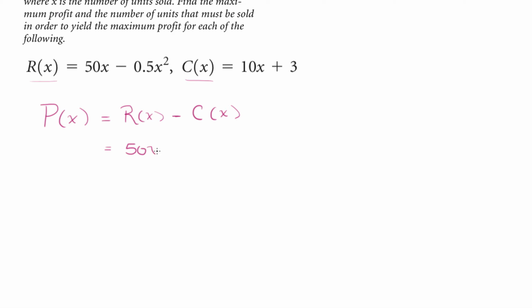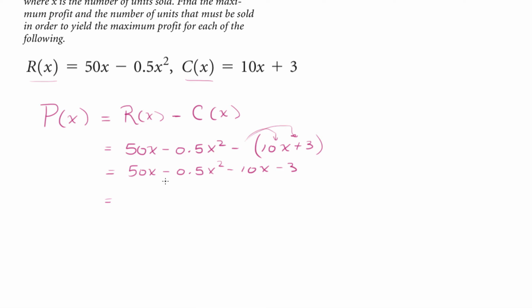So 50x minus 0.5x squared minus, open the parentheses, 10x plus 3. That gives you 50x minus 0.5x squared minus 10x minus 3. If we combine like terms, notice first, before going on, this minus distributes here and distributes here.